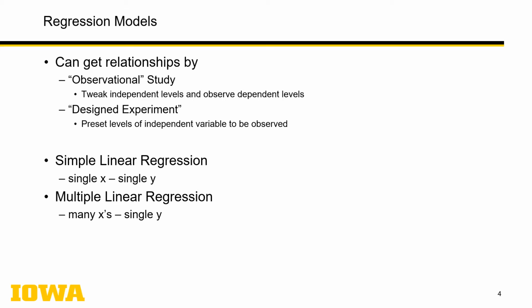You need to tweak them because you need at least two different independent levels in order to form a line, right, between the 2 points. So the tweaking is going to occur typically over 3, 4, 5, and perhaps many hundreds even of different levels of x in order to observe the dependent levels.